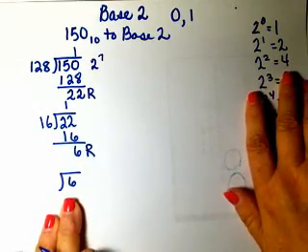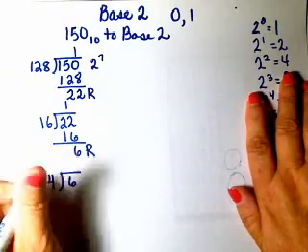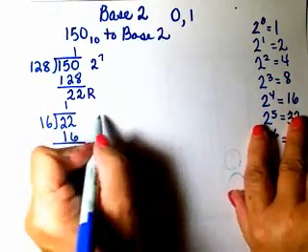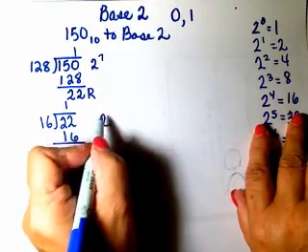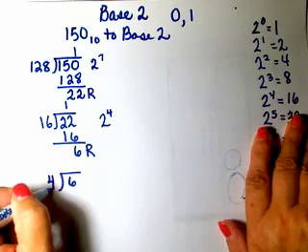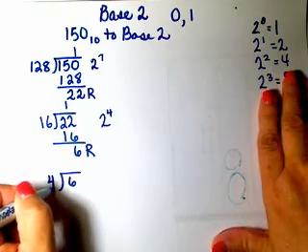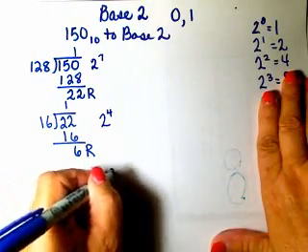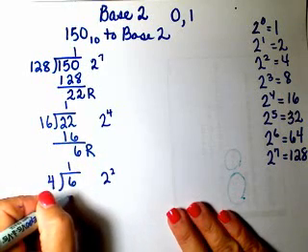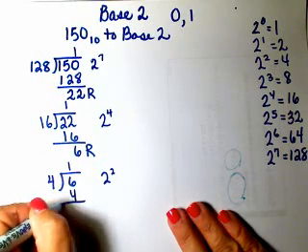Alright, so then 6, here we have 4. Okay, now let's go back up here and make sure we don't forget this. We need 2 to the 4th power, which is what 16 was. And with 4, we need 2 to the 2nd power. Alright, so 4 into 6 goes 1 time. 4 times 1 is 4.